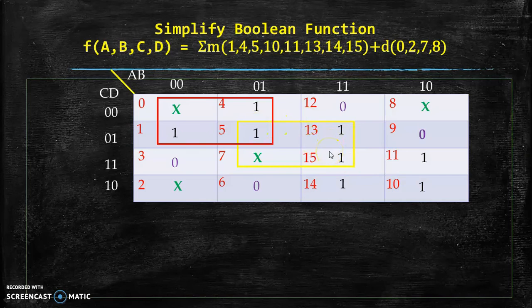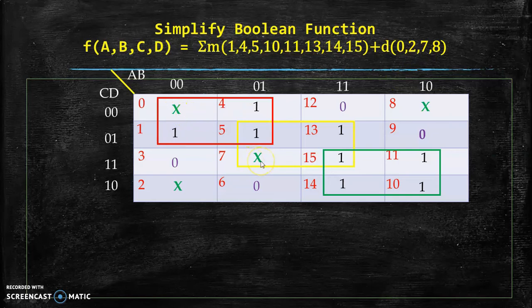One minterm is given, and for 7 we have used the don't care condition as a 1 to prepare our quad. All the 4 quads are overlapping each other, but none of the groups is redundant. And we have used only 2 don't care conditions out of the given 4.